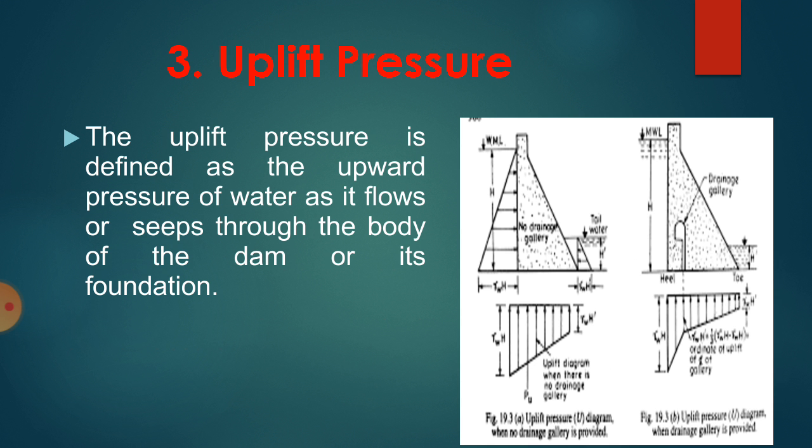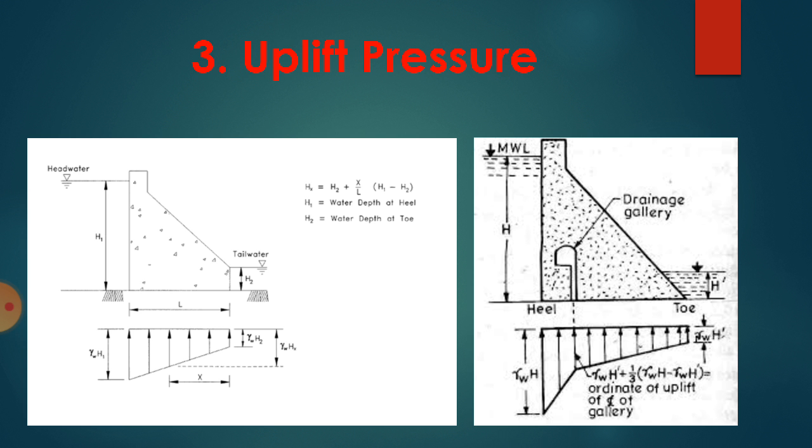First, the uplift pressure diagram where no drainage gallery is provided, and second, the uplift pressure diagram when the drainage gallery is provided. So this is the uplift pressure diagram in case the drainage gallery is provided, and in case there is no drainage gallery.